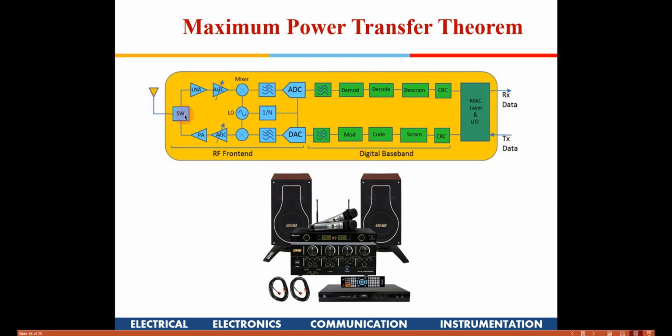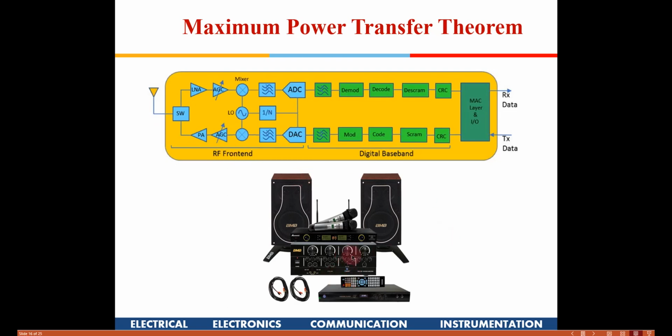There are several stages here. The RF energy picked up by the antenna needs to be transferred into the RF front end. So there is a requirement of maximum energy transfer. Okay, so we'll see what those conditions are.